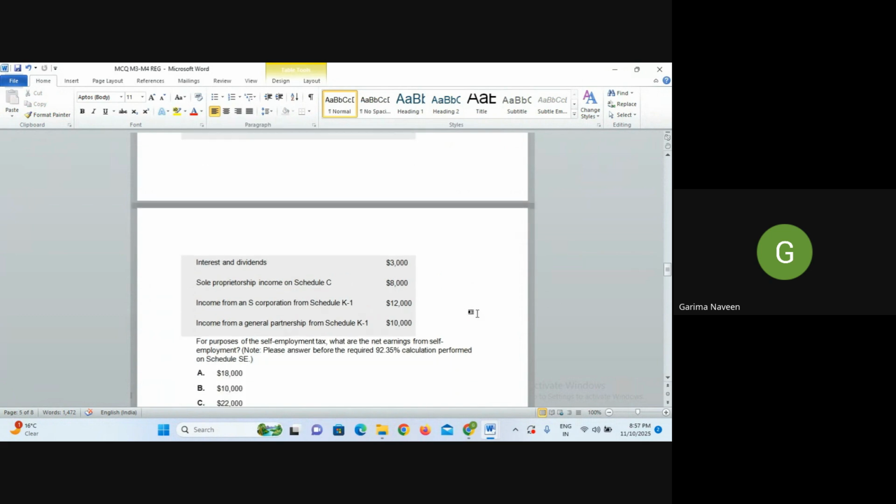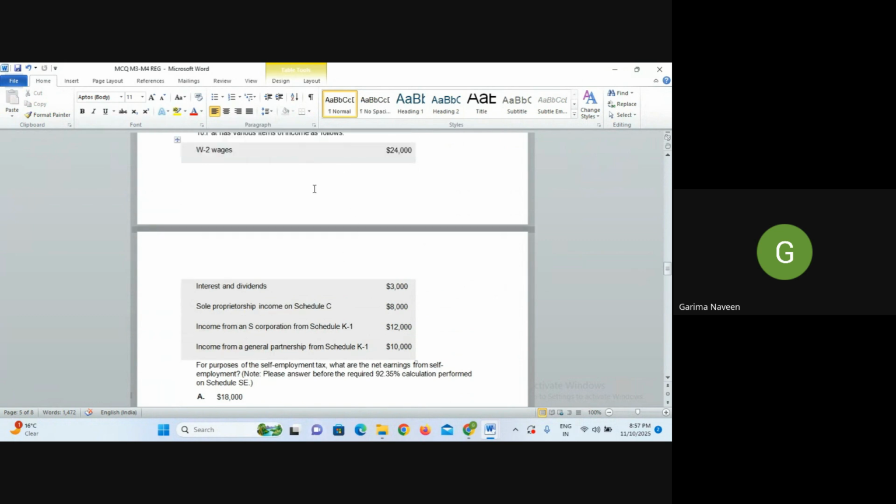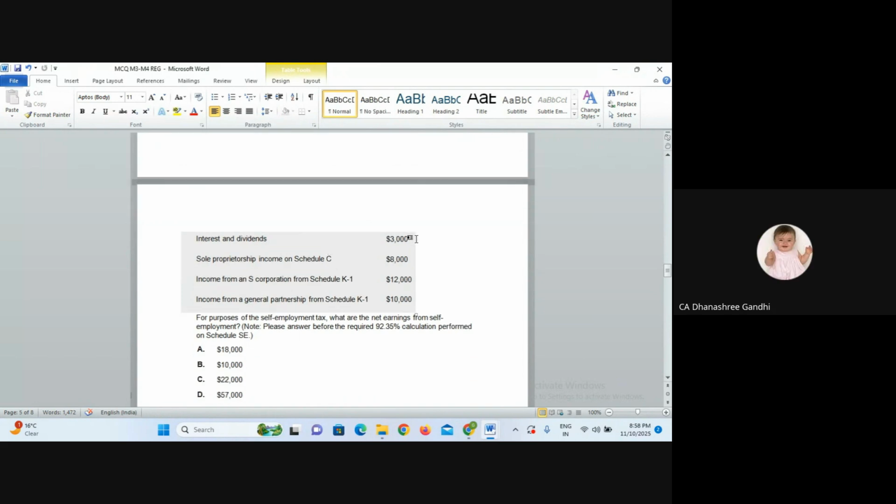So, which income will be subject to self employment taxes? Out of these incomes, W2 wages, do you pay any self employment tax on this? No, ma'am. Interest and dividend, no. Sole proprietorship? Yes.